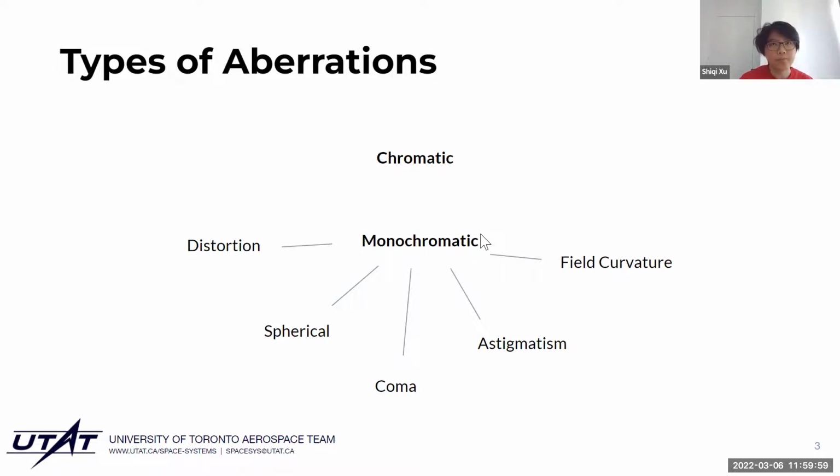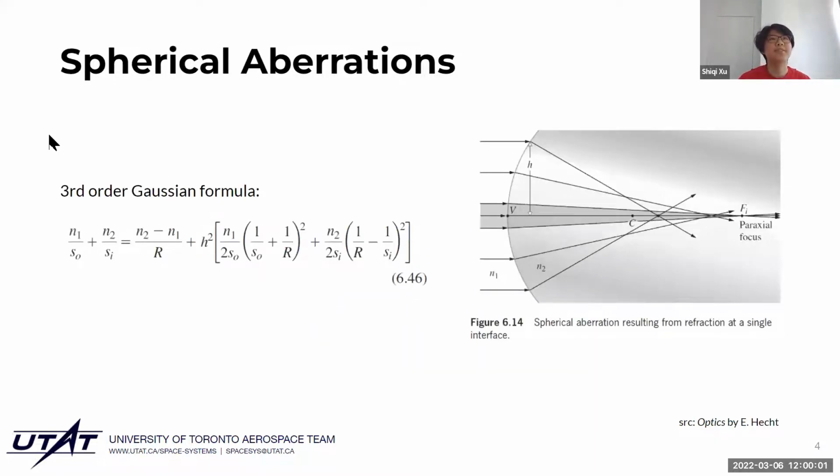Those are the main ones that we care about. All right, spherical aberrations. This is what I talked about for third order. Once we add in some things, there are derivations if you want, though the textbook doesn't even have it, I don't think. What you would end up with is these extra terms. And what does that look like? This is what happens.